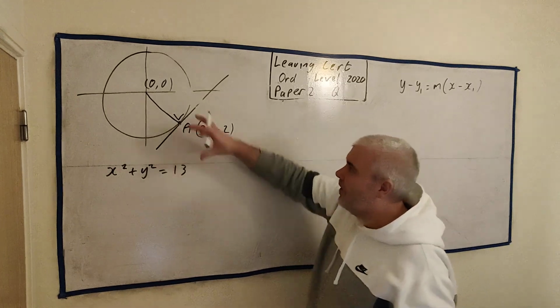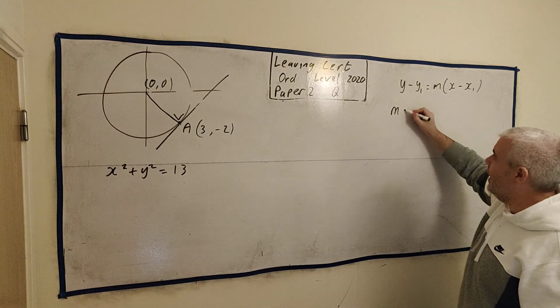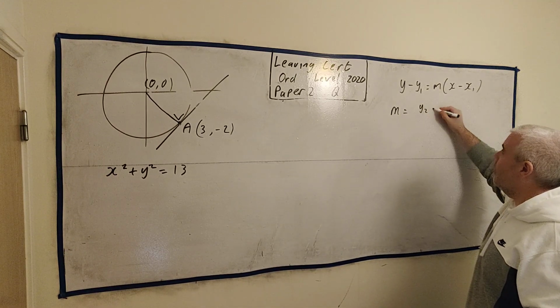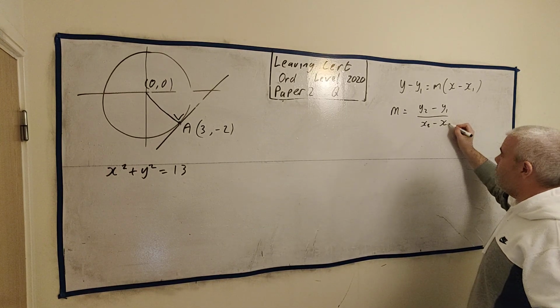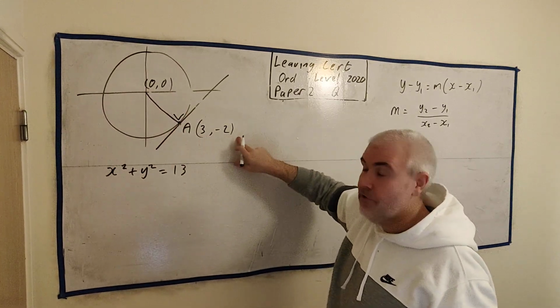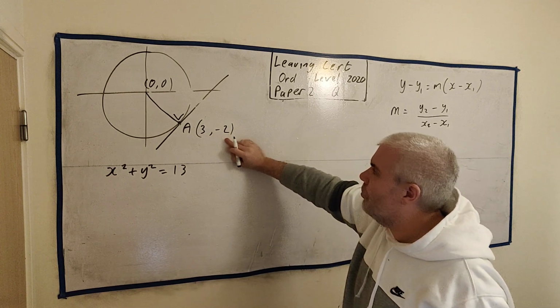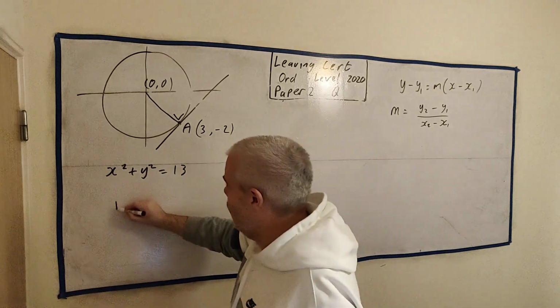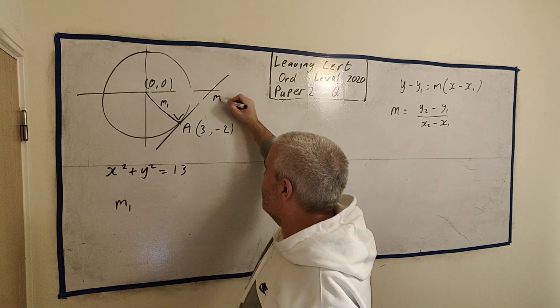So let's begin. Let's find the slope of this line. And let me remind you the formula for slope. m is equal to y2 minus y1 divided by x2 minus x1. Our 2 points are going to be 0, 0 and 3, minus 2. I'll pick this as x2 and y2, because then my slope will equal, we'll say slope 1 and we'll say slope 2.